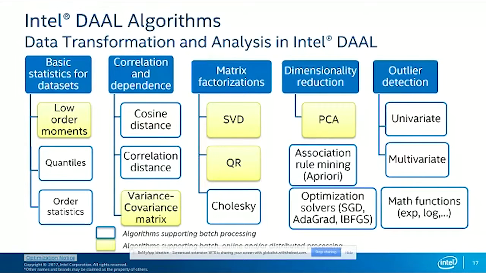So it provides very basic statistics functions, and it also provides some high-level matrix factorization functions like SVD and QR. That is used for data processing and some PCA algorithms. So this is one of the parts provided in this library.